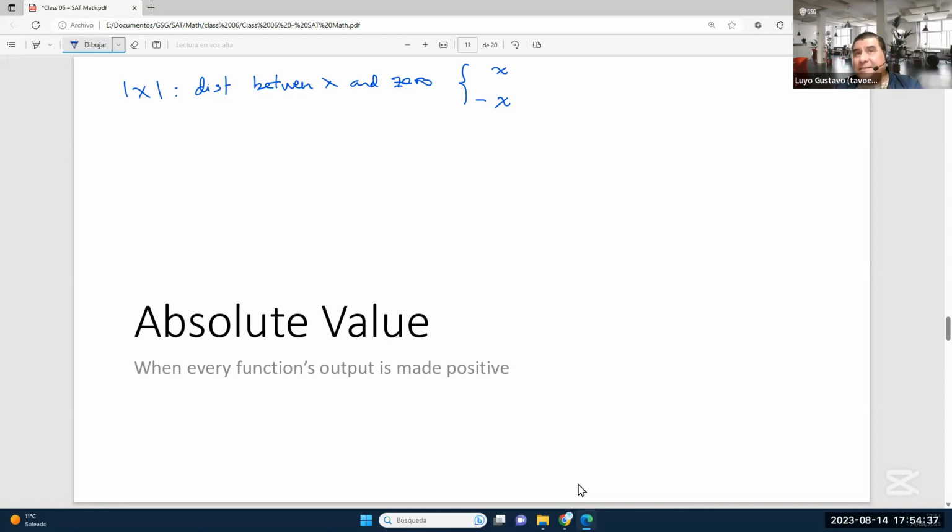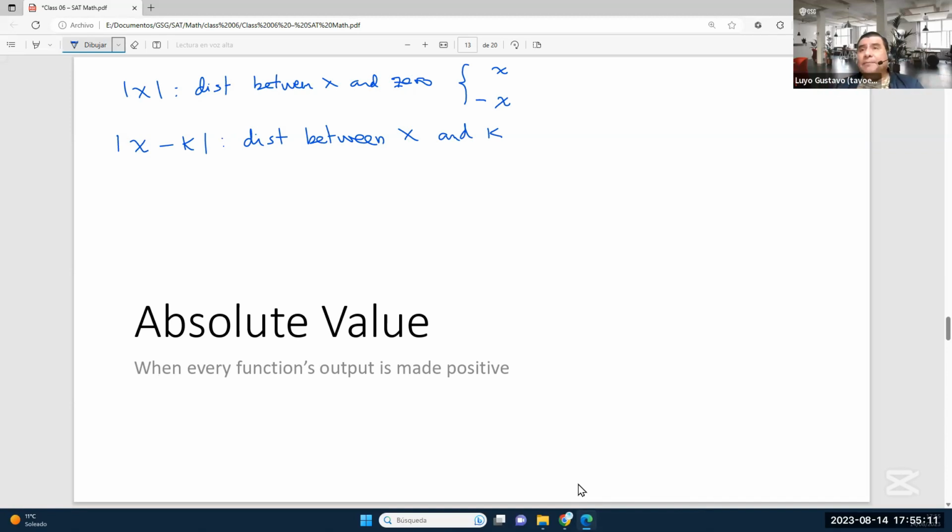How to interpret the absolute value of x minus k, where k is a constant value, positive or negative, no problem? The absolute value of x minus k always means the distance between x and k. Don't forget that, because that is a useful construct to manipulate expressions like this.